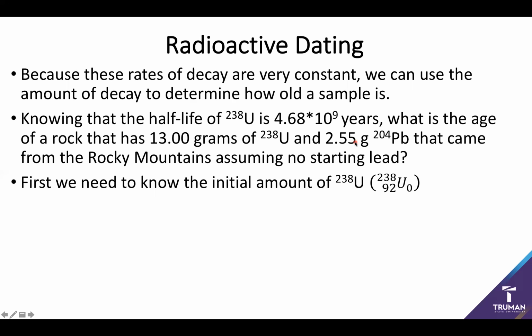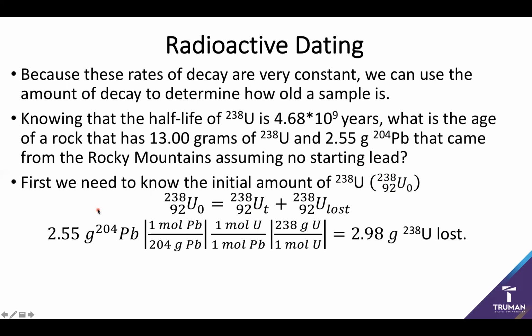So the first thing I need to do is go ahead and convert from the amount of lead and uranium I have to just figure out the initial amount of uranium. So uranium at time 0. So this will be the amount of uranium that I currently have, plus the amount of uranium I lost. Now, the big trick here is that I've got masses of both.